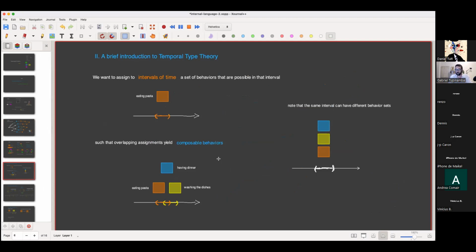What's an example of that? Or rather, what would be an example that would disqualify them? Yeah, if you are, for example, eating pasta and then someone calls you on the phone and you get up and answer the phone, now you're having a conversation, then your family might say, hey, you're interrupting dinner.